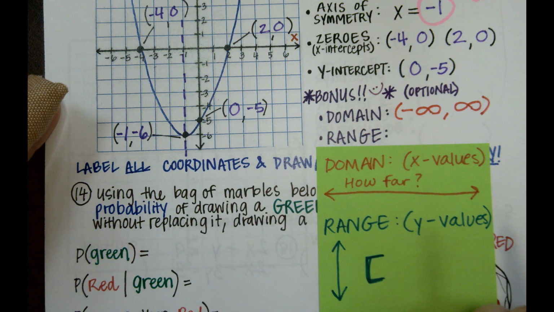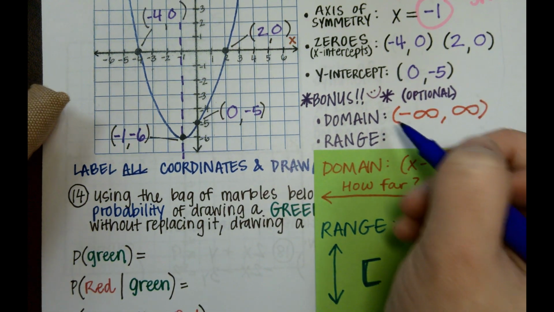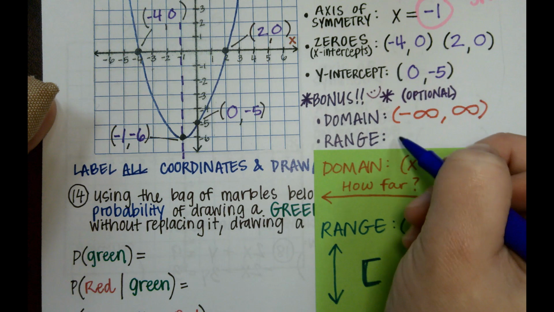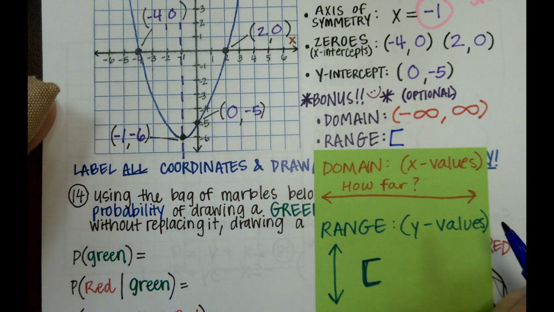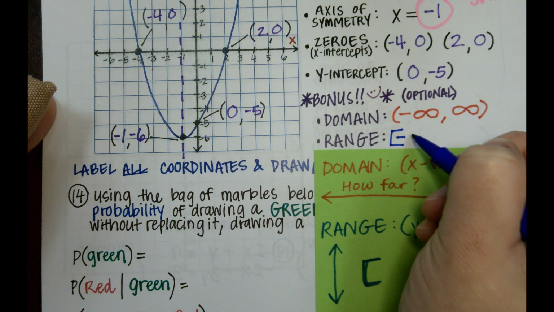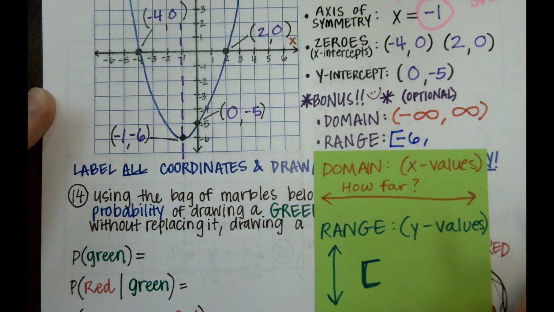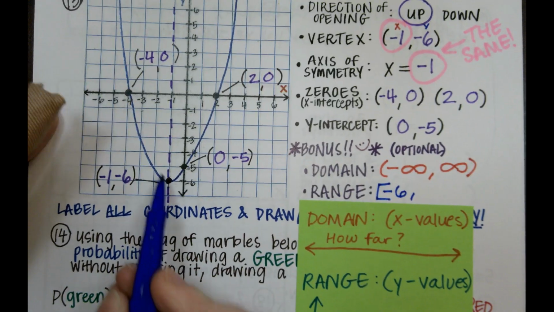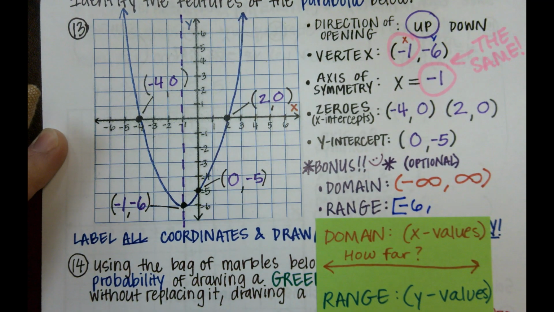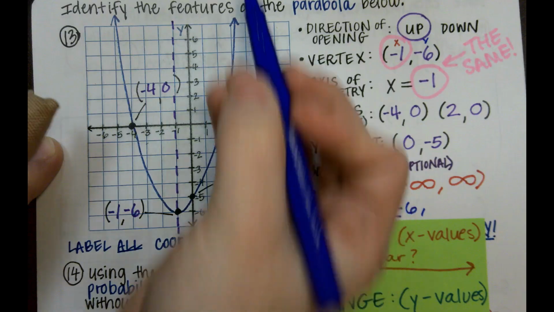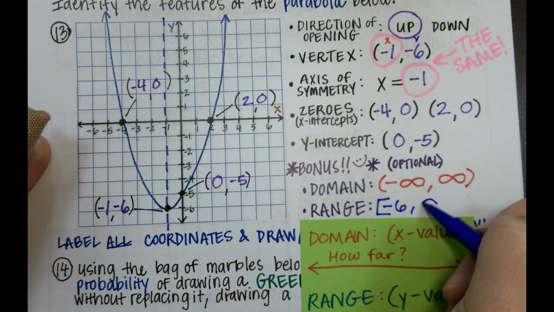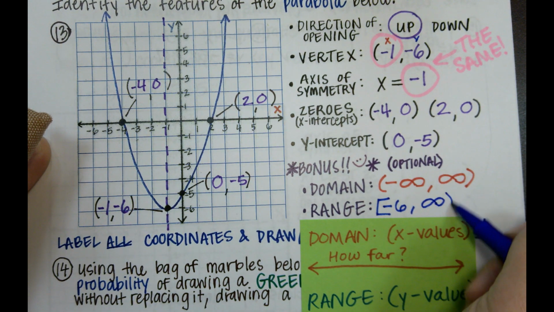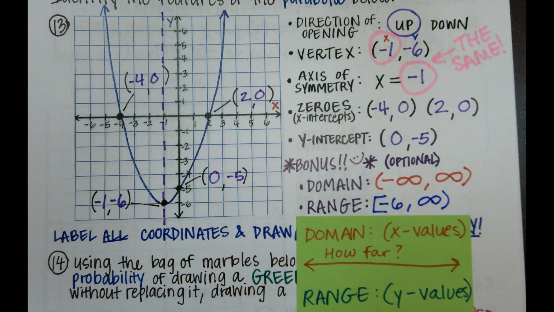So since we're putting a number there instead of infinity, we don't use a parenthesis. We use a bracket. And we say -6, comma, and how high does this go? Infinity. The arrows mean they go forever. So -6, comma, infinity, parenthesis.